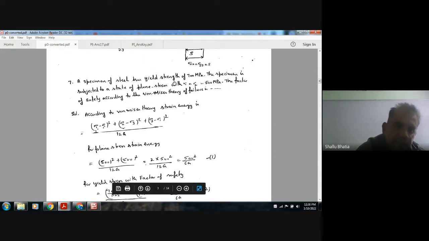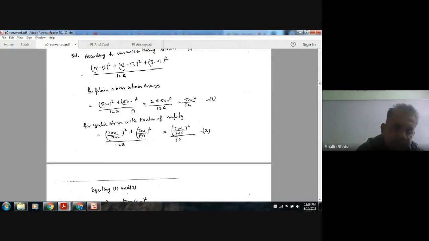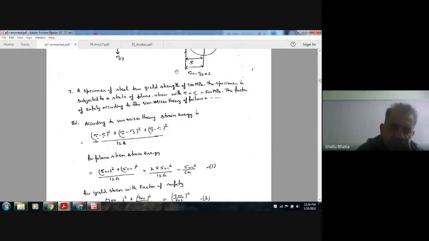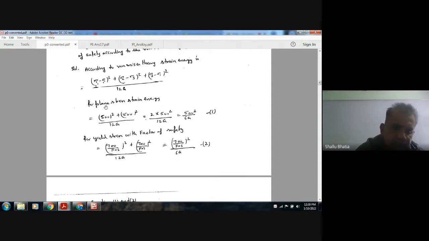Now when the specimen of steel is subjected to its yield stress of 700, and if you consider factor of safety, then sigma 1 is 700 by FOS, and sigma 2 and sigma 3 are 0. So the strain energy will be 2 into 700 square by FOS square, by 12G or 6G.